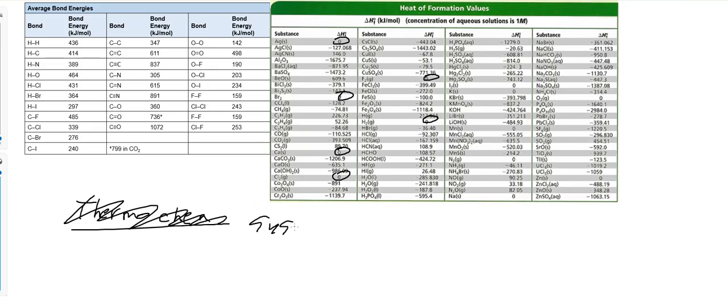The system is what we are specifically trying to measure. The surroundings are everything else, basically.